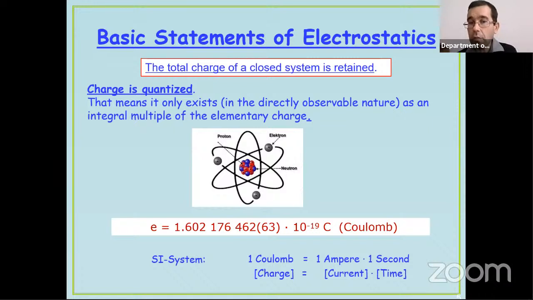Each and every charge value is built up as a multiple of this elementary charge. This elementary charge is a very small value, 1.6 times 10 to the minus 19 Coulomb. Coulomb is the unit of the electric charge. So macroscopically, we do not feel this quantization. We do not feel that the charge changes stepwise.